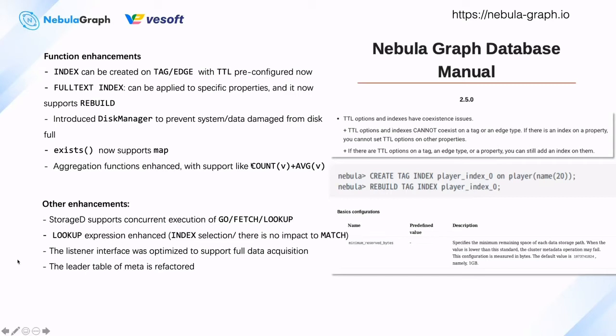So there are some other enhancements that don't impact our user space, but are somehow optimal. The first one is that now the storage engine supports the execution of the query in a concurrent way. The background of this change is that previously, in the legacy version, we had a period that supported this kind of execution, where you don't run your query in a single process.